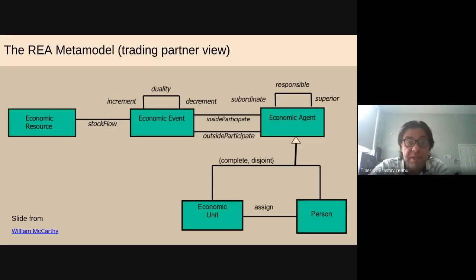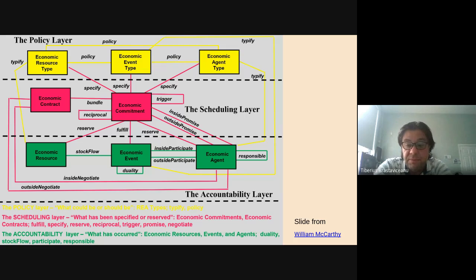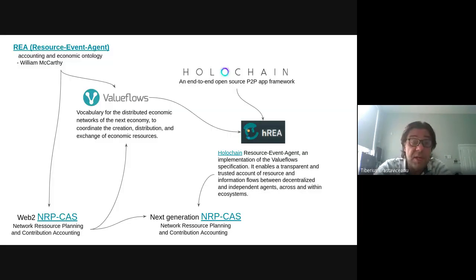Anyway, that's about it. If you want to dive into the REA model, there's slides from William McCarthy. Like, how do you represent a resource in a network environment, and how do you represent the process in a network environment, and how do resources and processes interact? And when it comes to production scheduling and accountability, everything, the model takes care of all that.